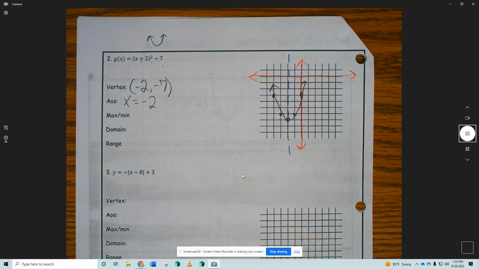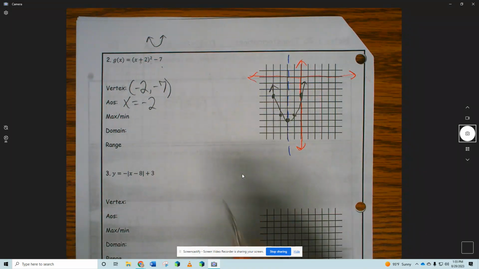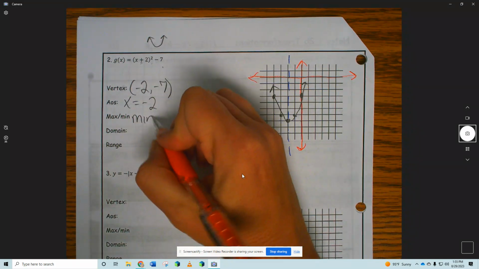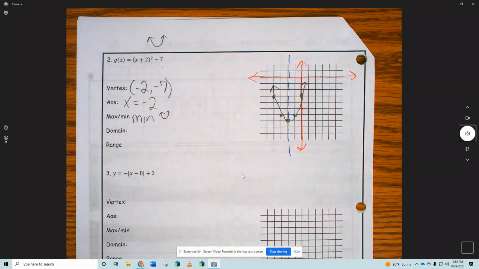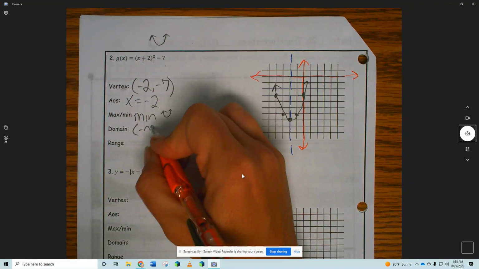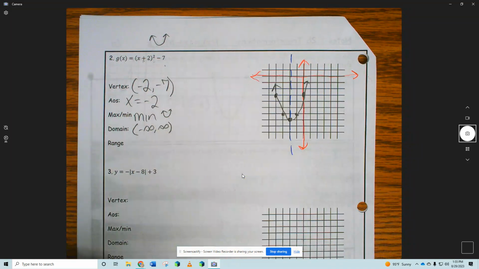Does this have a max or a min? Low bottom out point. Because it points upward. I'm going to call on tables 8 and tables 9 for my domain and range. Yep, you're right. Negative infinity, positive infinity, all real numbers.